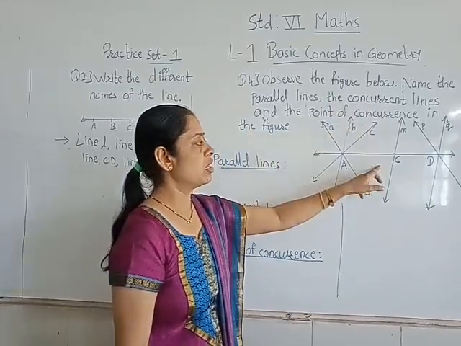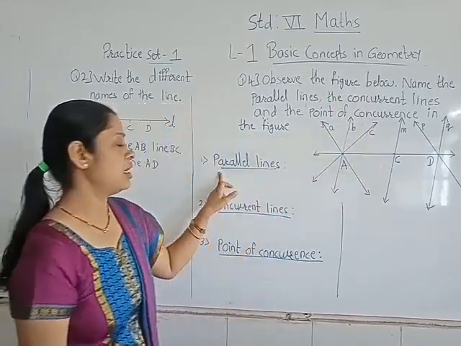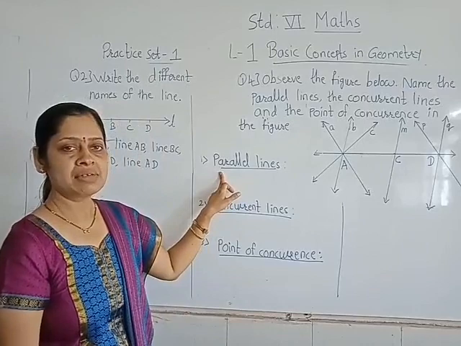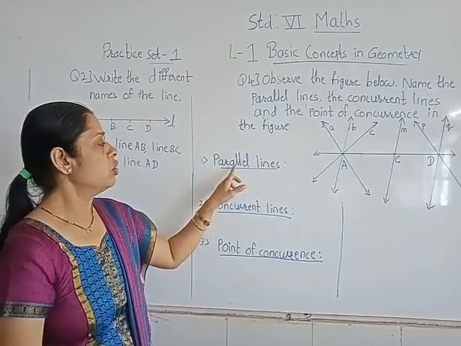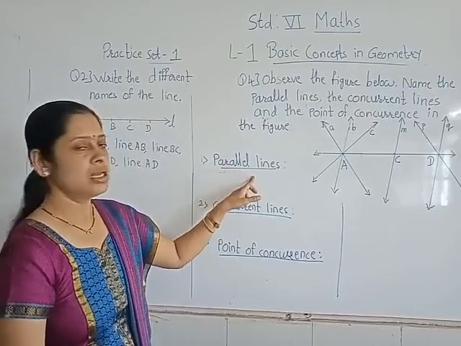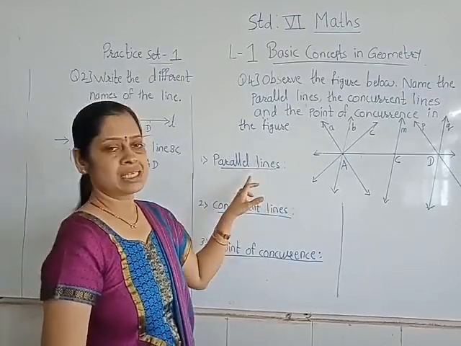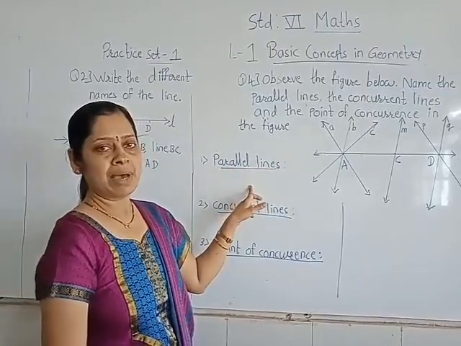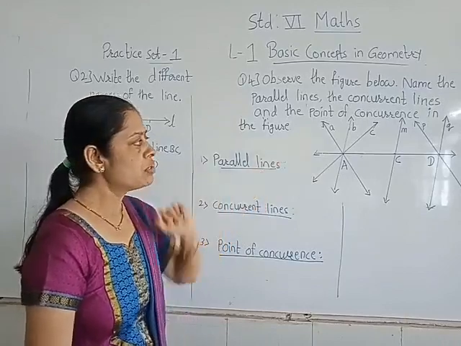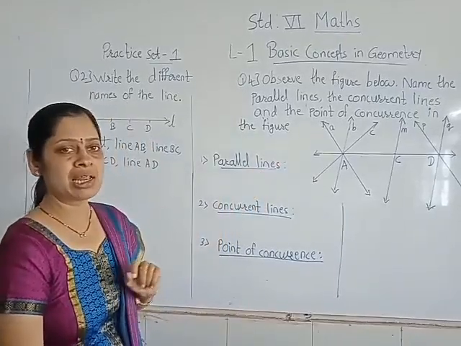Now observe the figure. First we will find parallel lines. We have studied that when two lines which lie in a single plane but do not intersect each other, they are called parallel lines. Observe the figure and tell me which are the parallel lines.